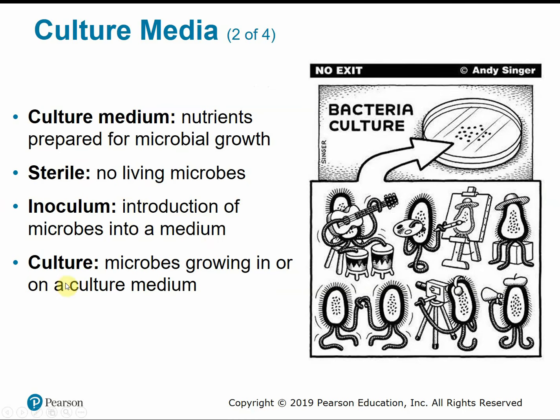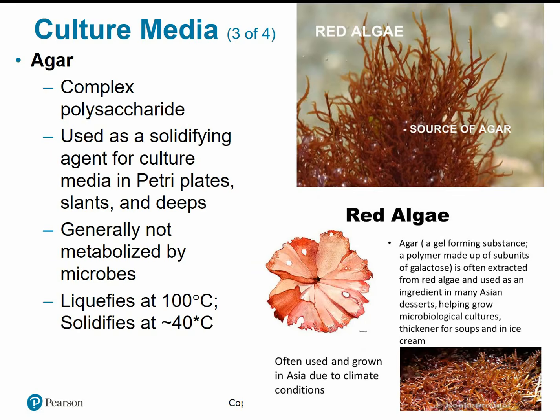A culture would be the microbes that grow in or on our culture media. So when you do your inoculations in lab, you had a culture, a broth culture or cultures on Petri plates, that you took a sample from and then inoculated or introduced to new media.